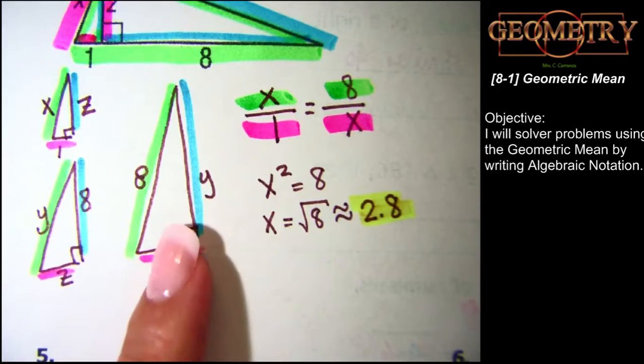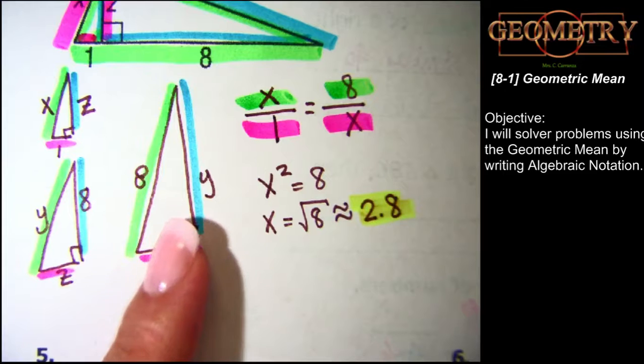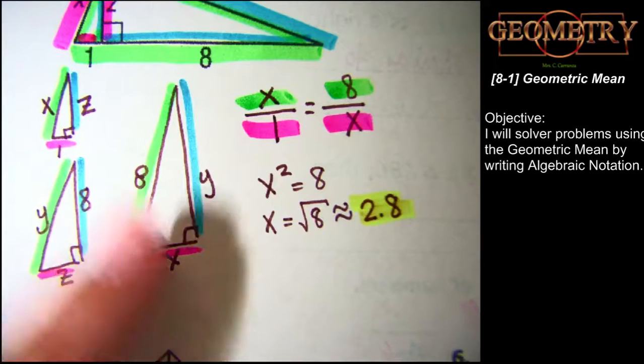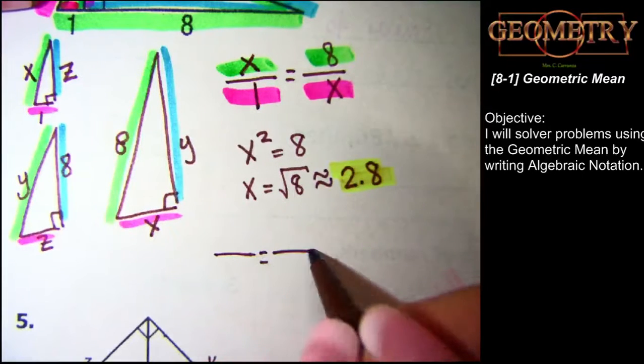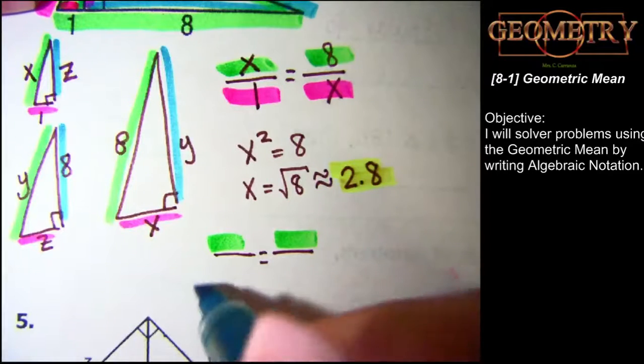If I look at green and blue on this triangle, yeah, they're flipped positions, but I have y and I have a number, so I can write my proportions with these two triangles, with the green and the blue. And again, I'm going to choose the colors. I'm going to do green on top and blue on bottom.